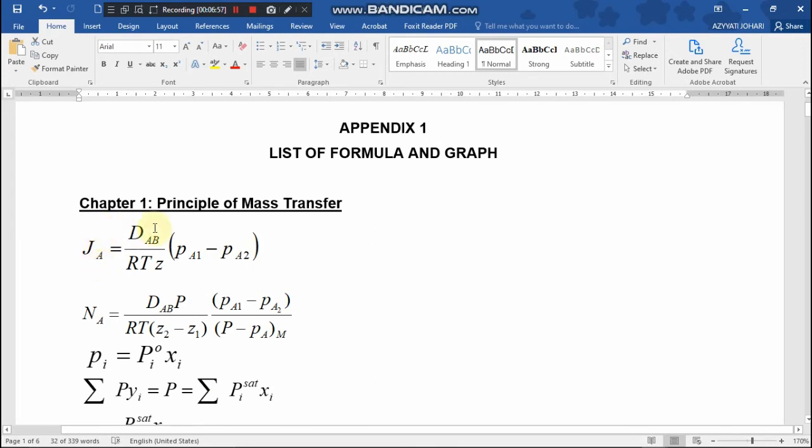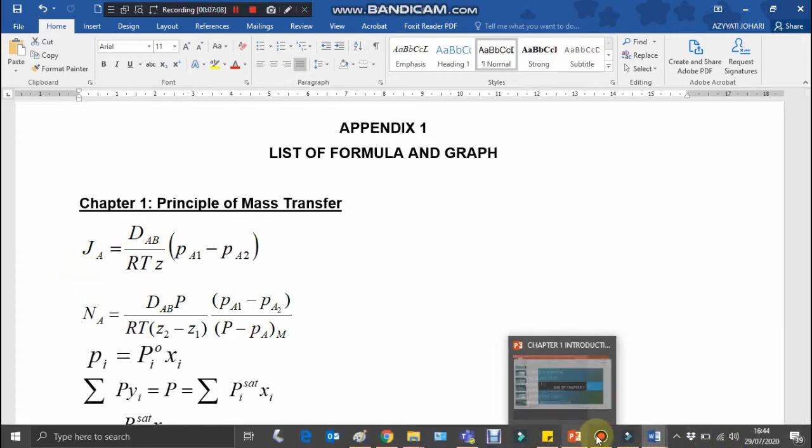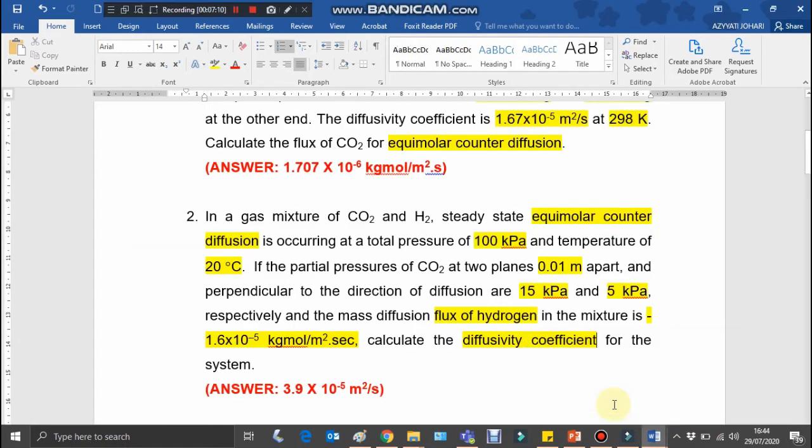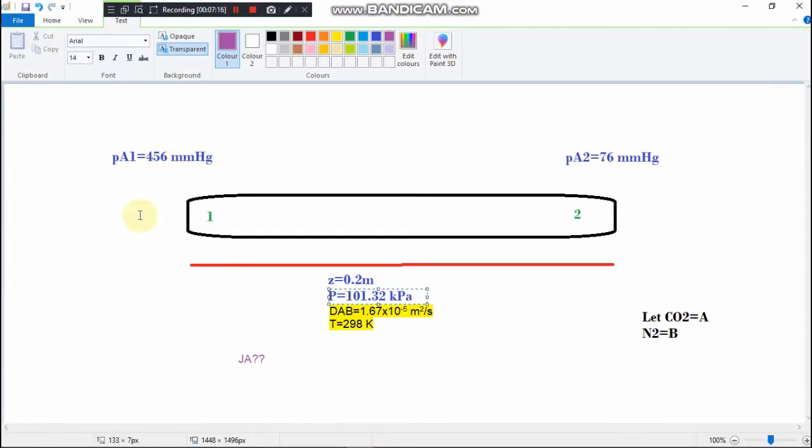Let's say for question number 2, the question asks you to find the diffusivity coefficient and gives you the value of flux. For this kind of question, we apply the same practice: you write down all of the particular details, or extract all of the information in the diagram, and then you put the PA1 value, the PA2 value, the length, and all of the particular details.